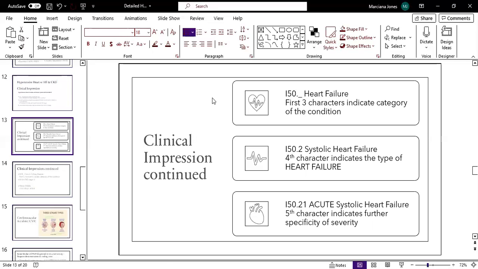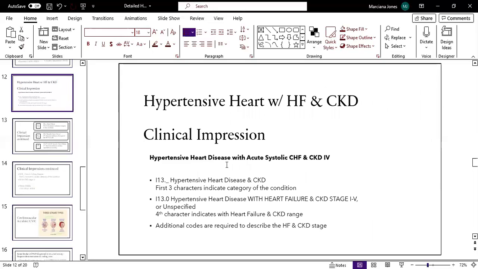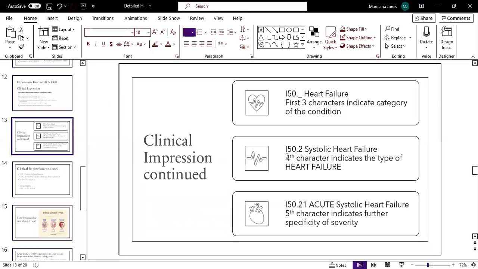And like I spoke earlier, if it was unspecified, you're going to use I50.9. But here it's specifying, it said this patient has acute systolic congestive heart failure. So I50.2 is systolic heart failure. And the fourth character indicates the type of heart failure, which is systolic.